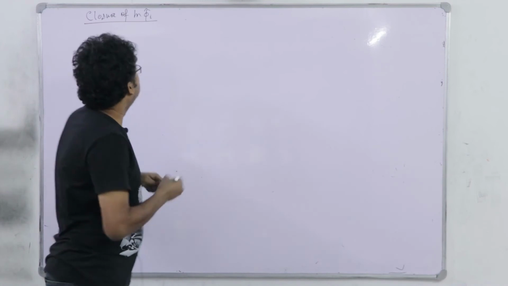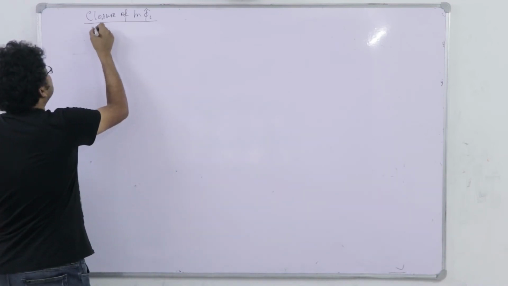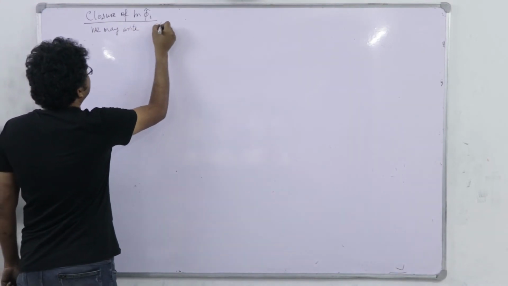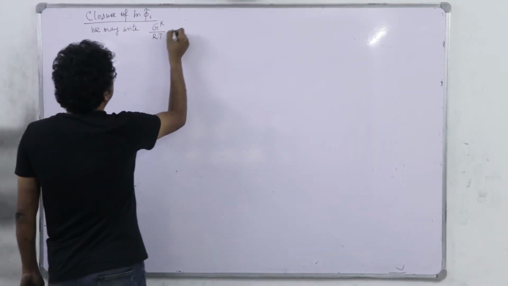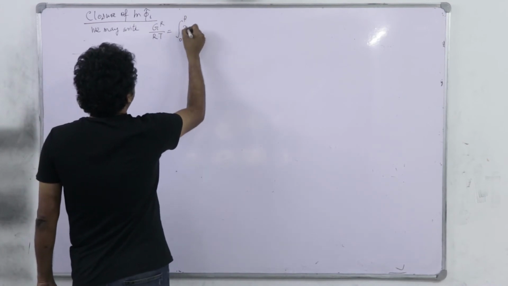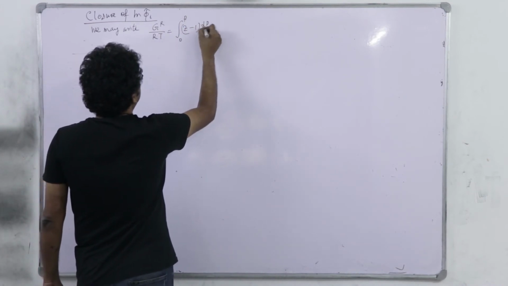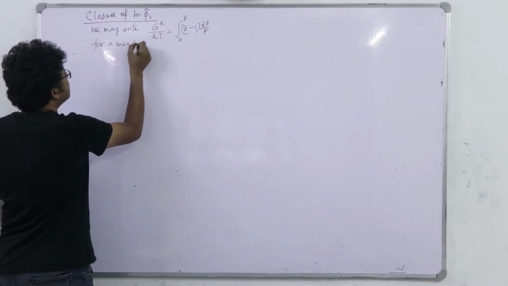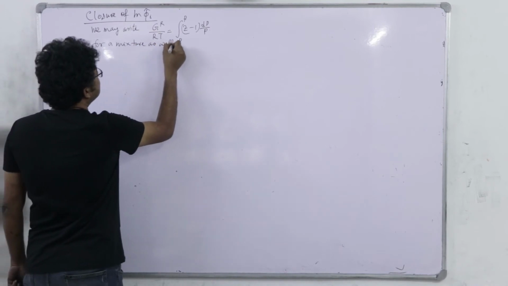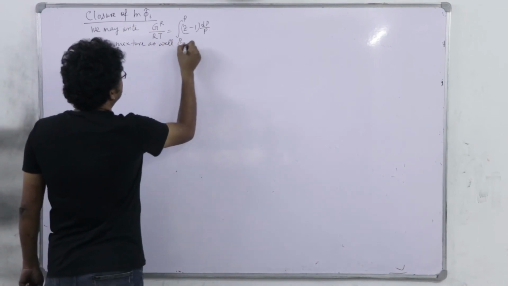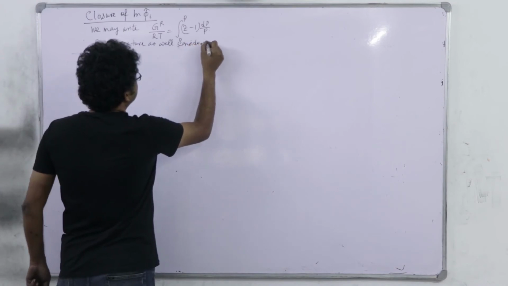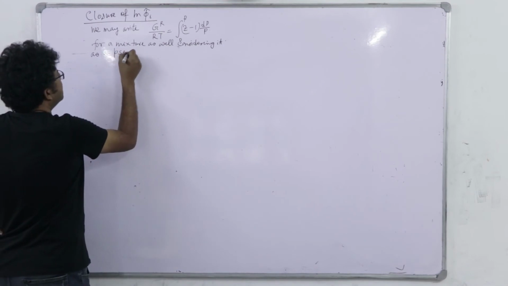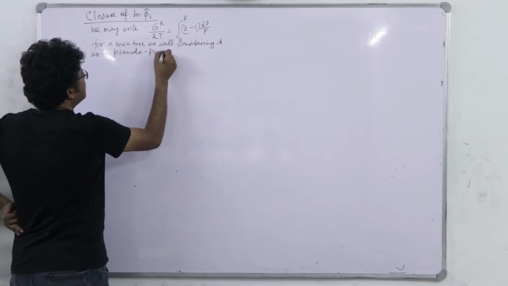So, we may write G R by RT equals integral from 0 to P of (Z minus 1) dP by P for a mixture as well, considering it as a pseudo pure species.